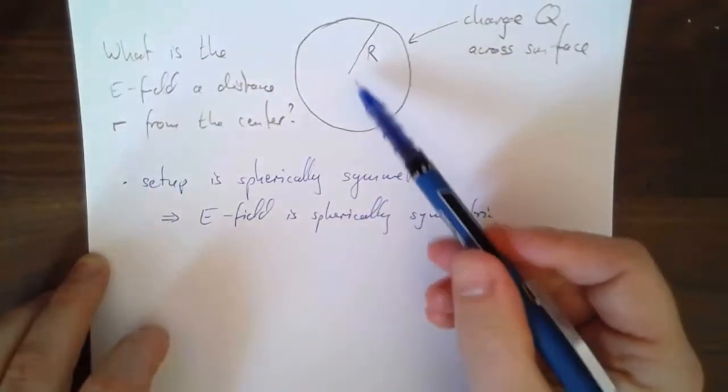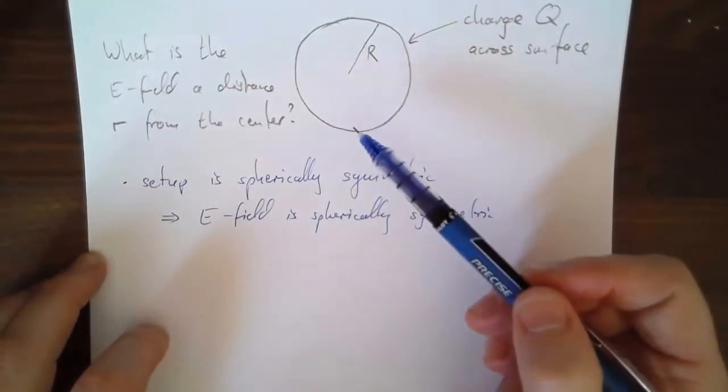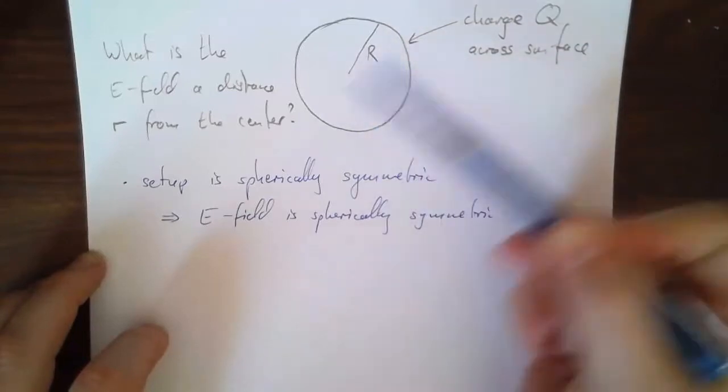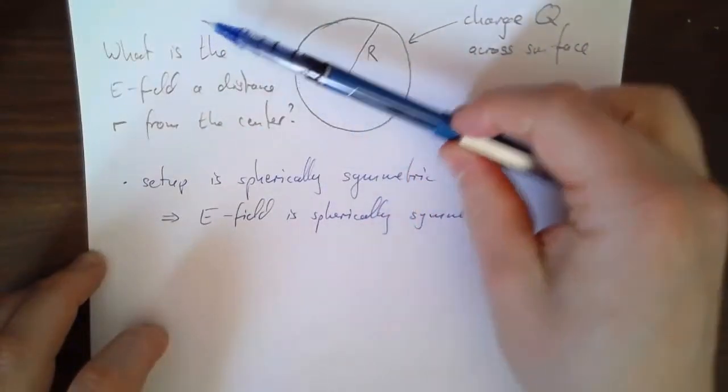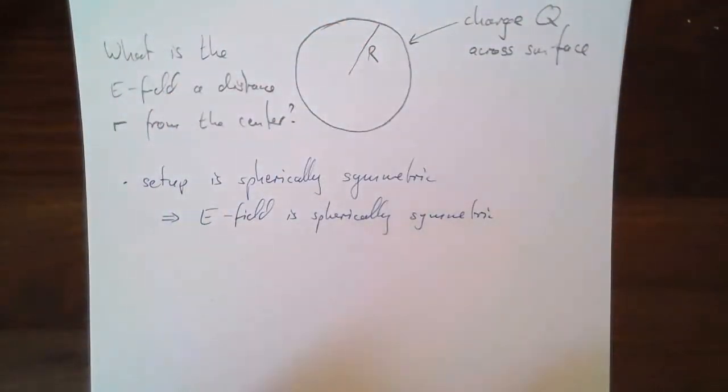Right? If I can't tell which side is front, which side is back, I shouldn't be able to tell with the electric field either, because there's nothing causing the electric field in the front to be different from the electric field on the back, or the electric field over here to be different from the electric field over here. It's all the same. It looks the same from all directions.